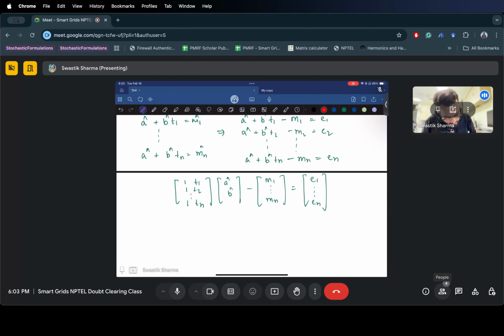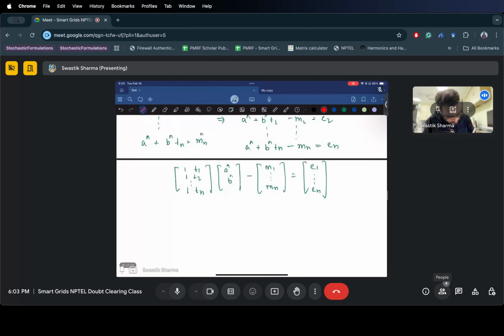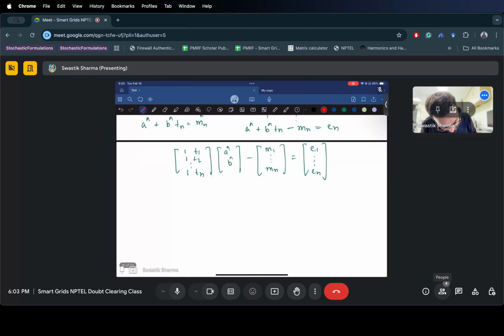So let's check their size. This is n cross 2, this is 2 cross 1, this is n cross 1, and this is also n cross 1. Now you have these matrices, and it can be easily represented.